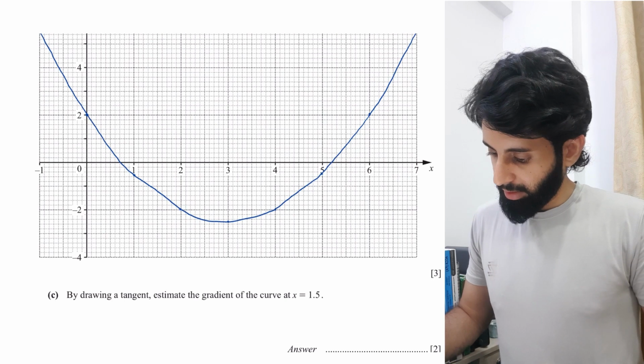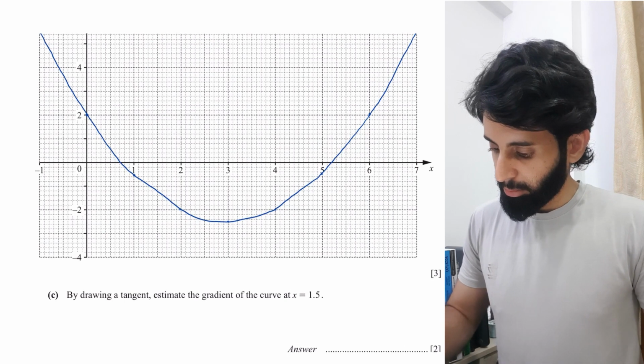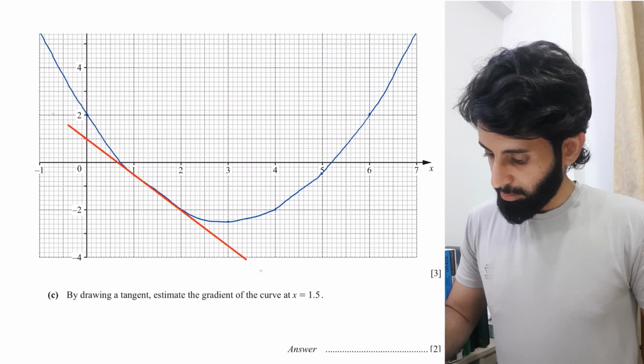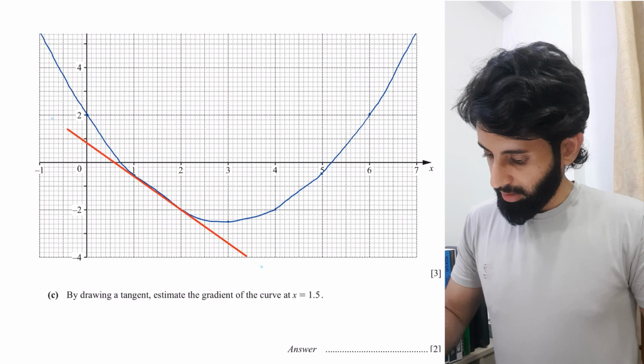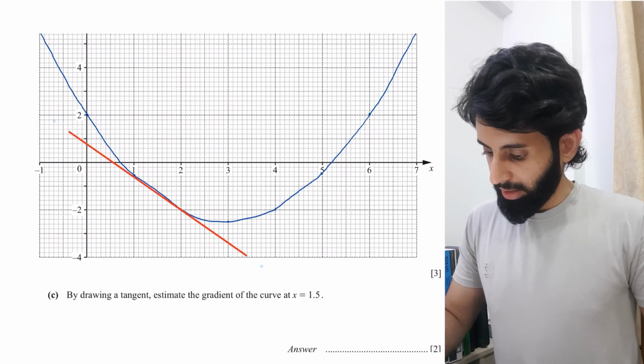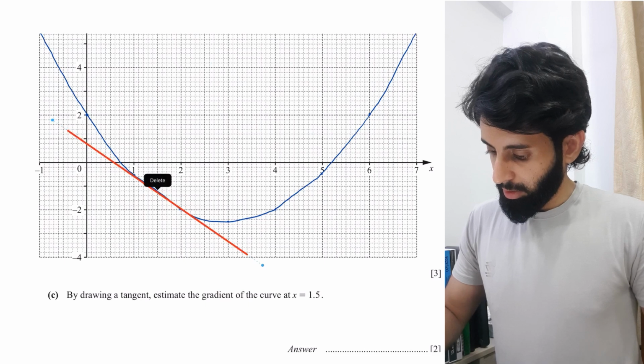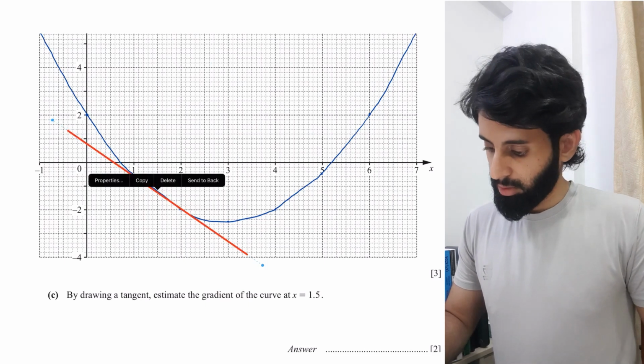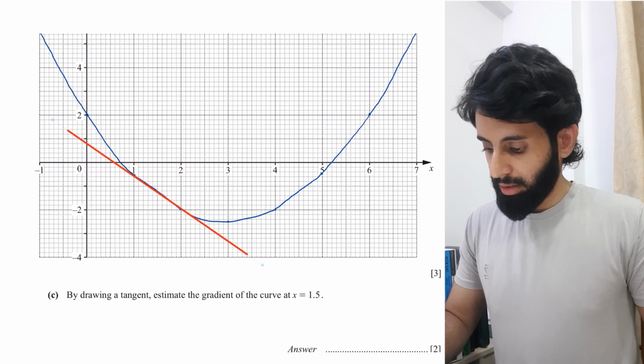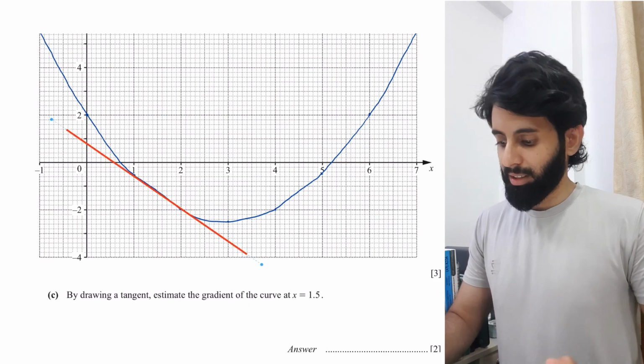Okay, and then you have to find the gradient at x equals 1.5, so that means drawing a tangent. And when you're drawing a tangent, make sure that, as we know theoretically, a tangent is a line that touches the curve at the point where it's supposed to. In this case it's 1.5, and what's important is to make sure that it's not cutting the curve, right?